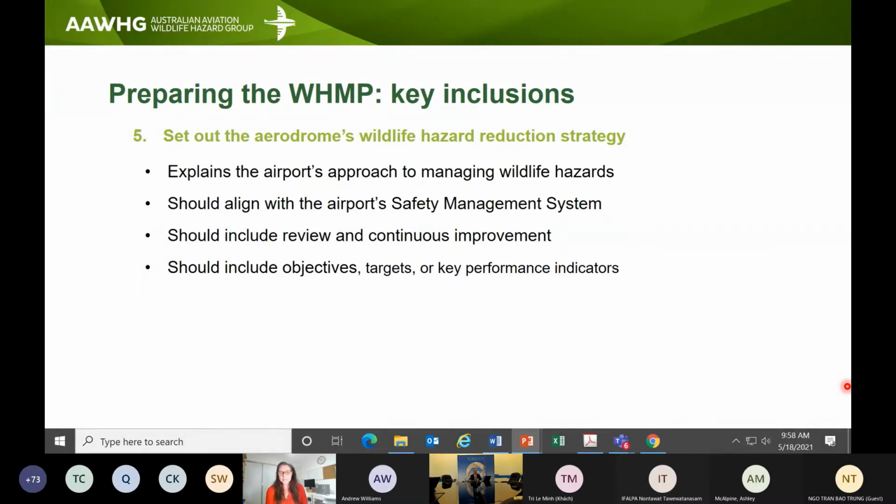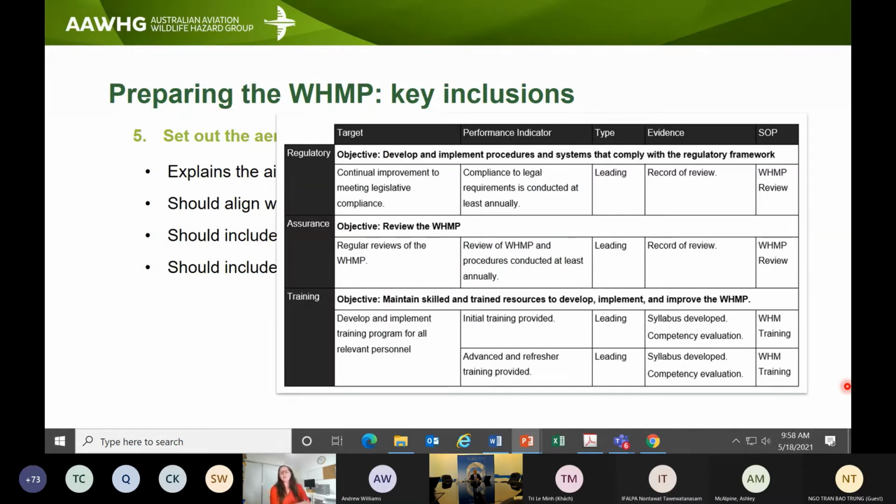For example, here, this is an airport that has in place, this is just a small snapshot of their key performance indicators. But just to give you an idea of the sorts of targets and objectives that an airport might have in place. If we look at the first objective, they're related to the regulatory requirements. The objective is to develop and implement procedures and systems that comply with the regulatory framework. So that's the objective.